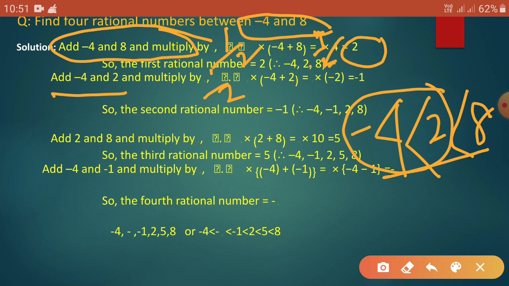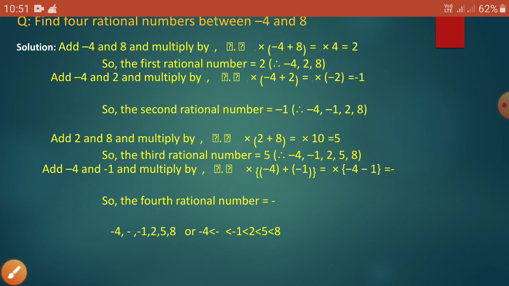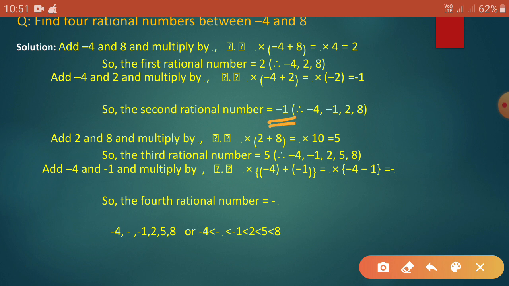It gives the result 1 by 2 into minus 2, that is minus 1. So the second rational number is minus 1, which lies between minus 4 and 2.